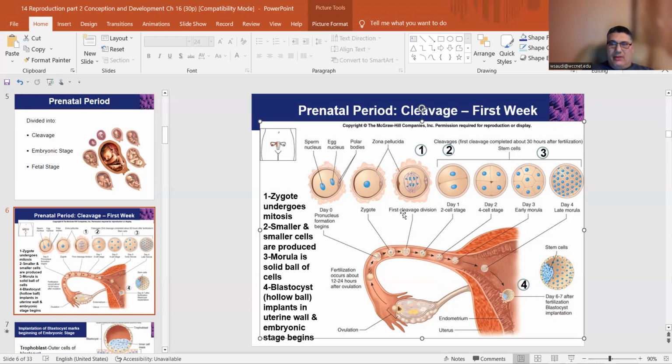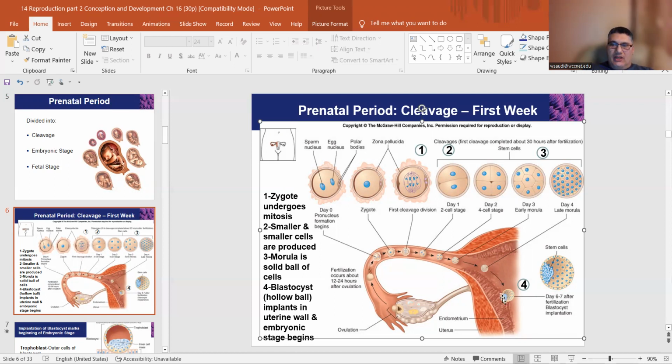So it goes through multiple cleavages, like day 1, day 2, like 2, 4, 8, and so on. And after that cleavage happens, we call it morula. Here is the morula.